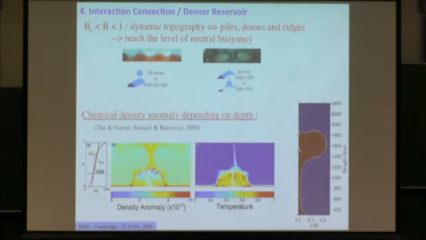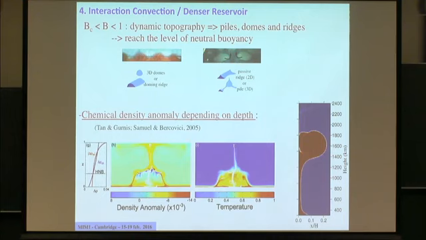Just something about the domes and the ridges. So in the lab, what I've shown you, there was no dependence of the chemical density anomaly on depth and on pressure, of course. But there has been some very interesting work dealing with more mantle-like material, where now the density anomaly changes with depth because of pressure. So in this case, you can reach a level of neutral buoyancy.